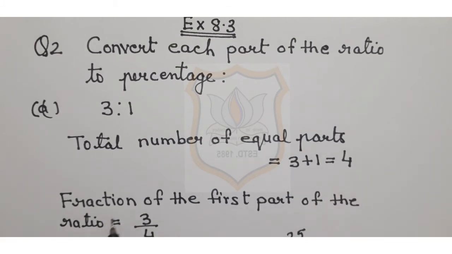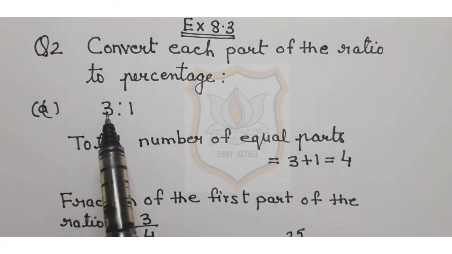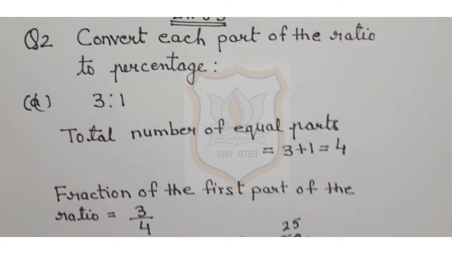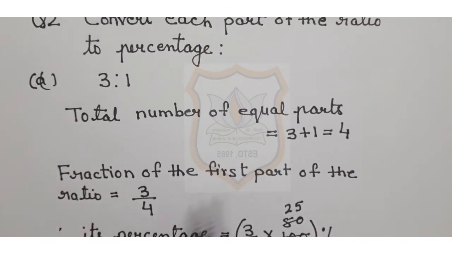Now, the fraction of the first part of the ratio. What will the fraction be? The first part of the ratio is 3, so it is 3 upon the total equal parts, and the total equal parts are 4.